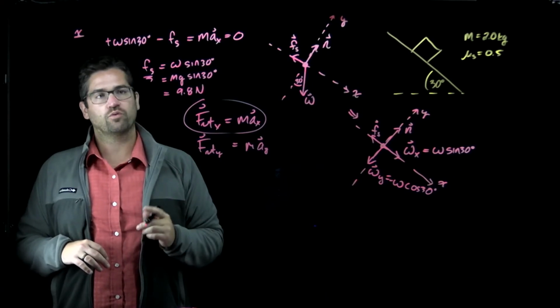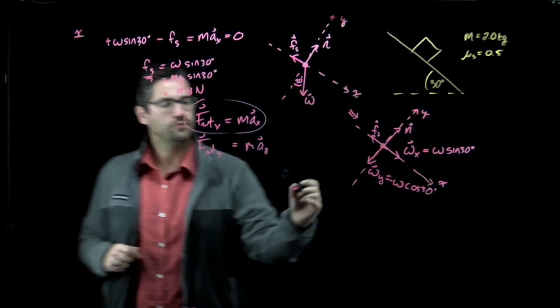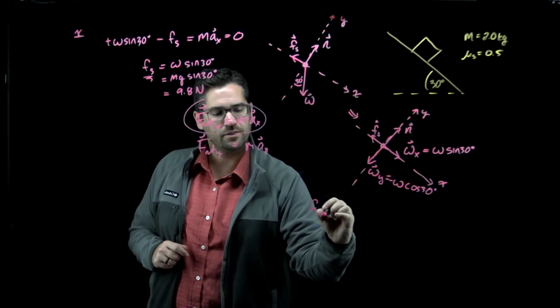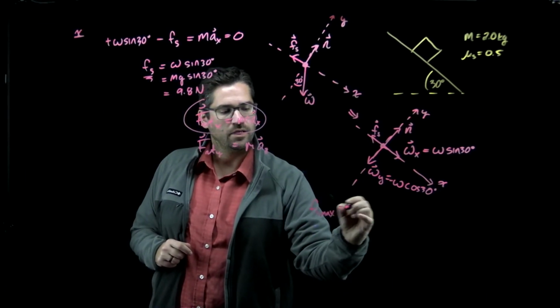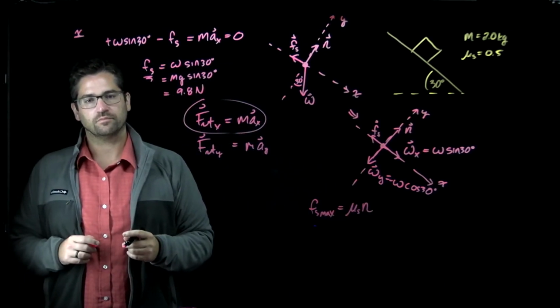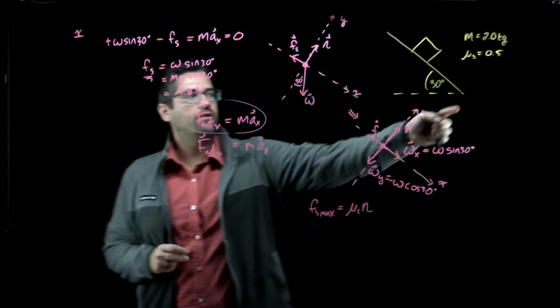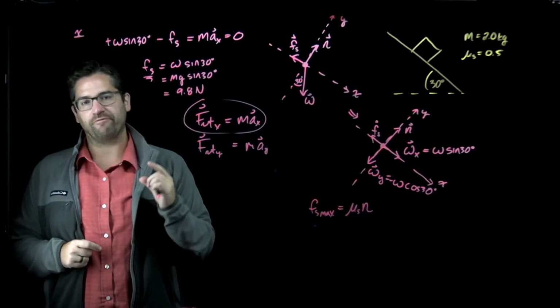And if you recall, the maximum value for static friction, Fs max, is mu s times the normal force. Mu s is the coefficient of static friction. I was given that at the start of the problem. It's 0.5.